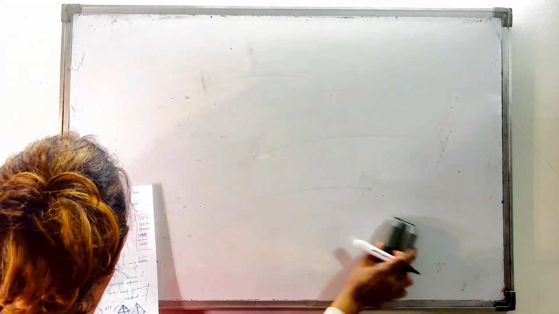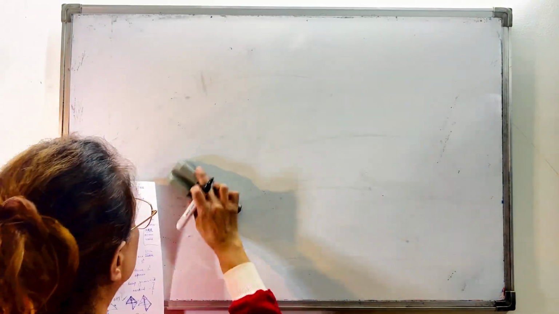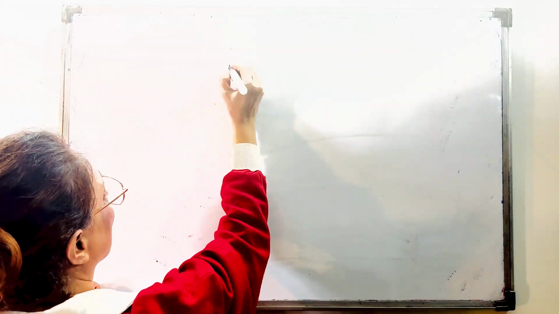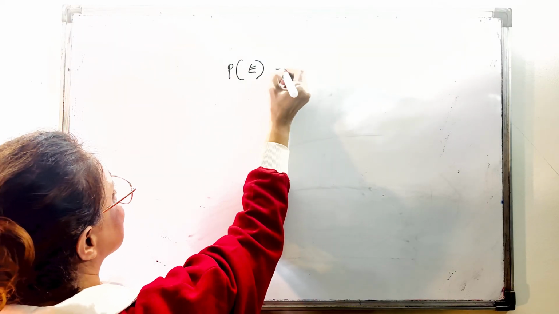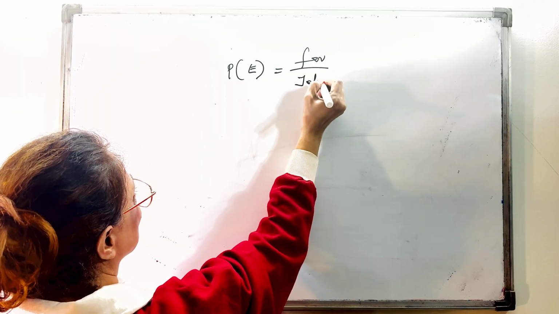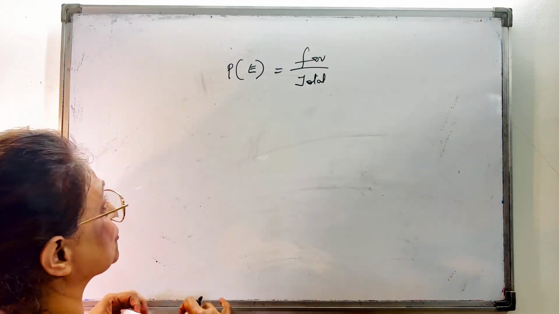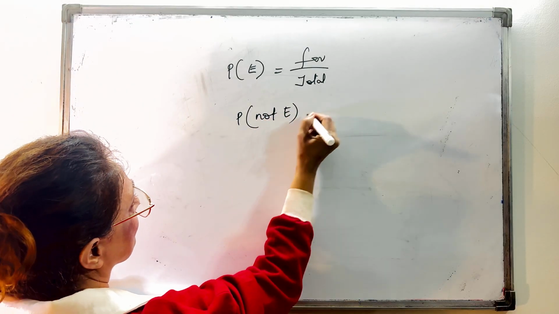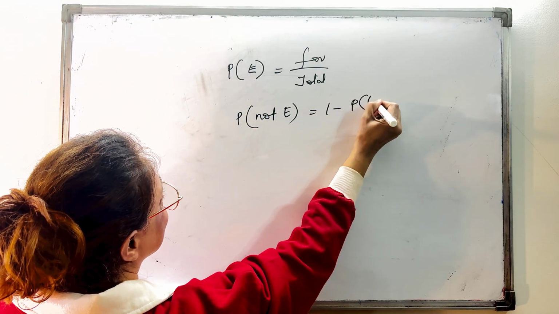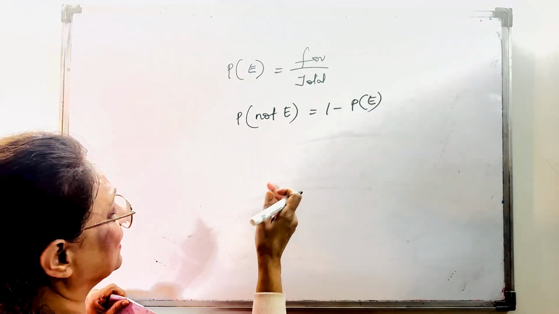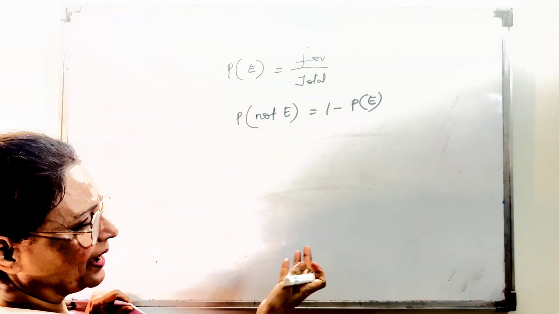Then now let's come to probability. Probability also has one or two questions which are important. So probability of an event is favorable upon total, right? That you know. The probability that this event does not happen is 1 minus the probability that the event happens. Suppose probability of getting a spade from a pack of cards.